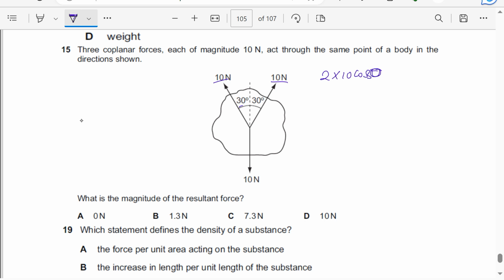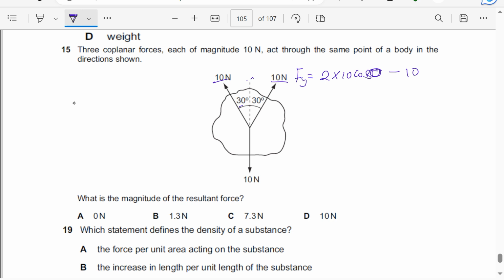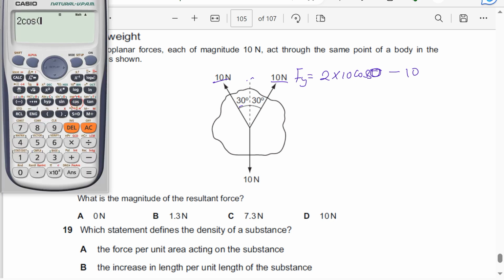It's the same as saying 10 cos 30 plus 10 cos 30. That is 2 times 10 cos 30. The vertical minus 10 newtons. So let's check that. This is F in the vertical, Fy. So 2 cos of 30 minus 10.